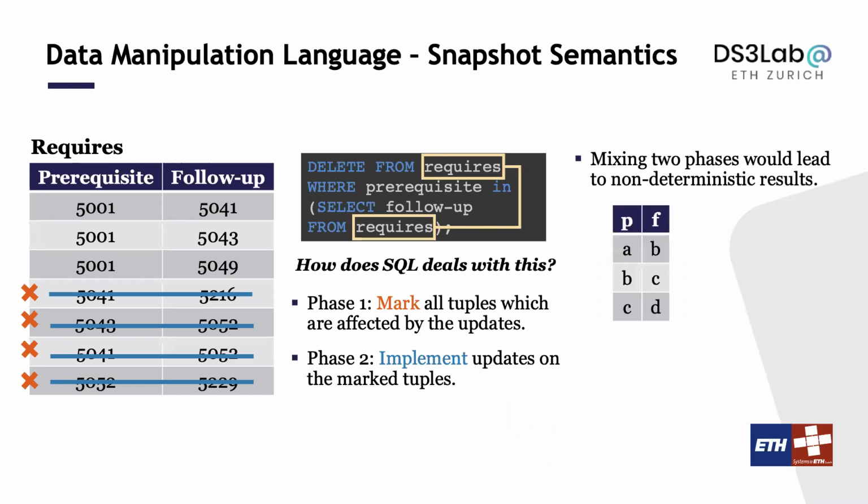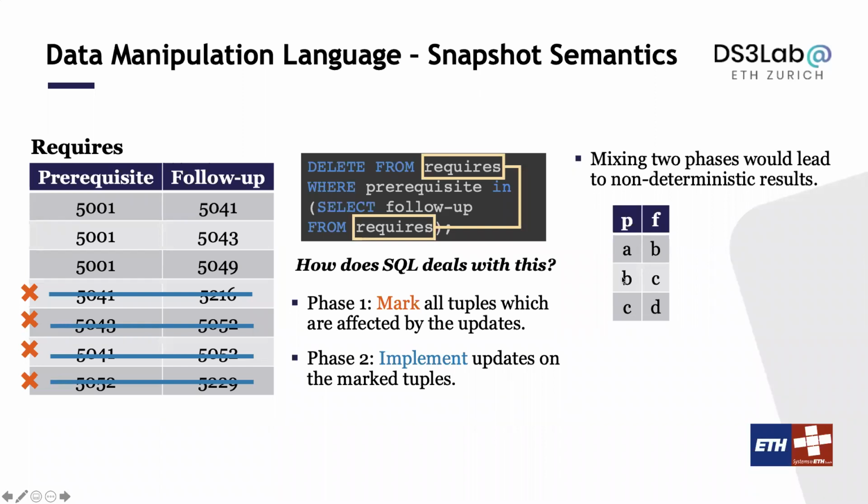Now let's look at what happens if the database doesn't have this two-phase structure. Whenever I find a tuple that satisfies the condition, I remove it, and then I find another tuple that satisfies the condition, and I remove it. For example, here you have a relation A, B, B, C, C, D. It's like a chain.